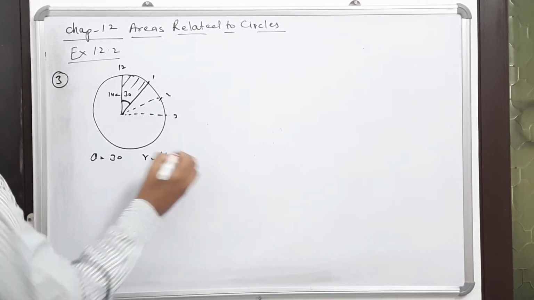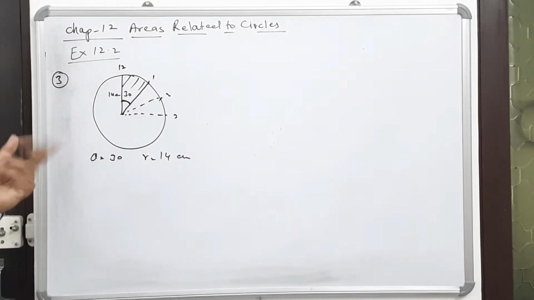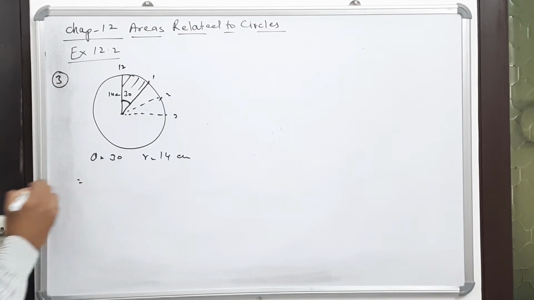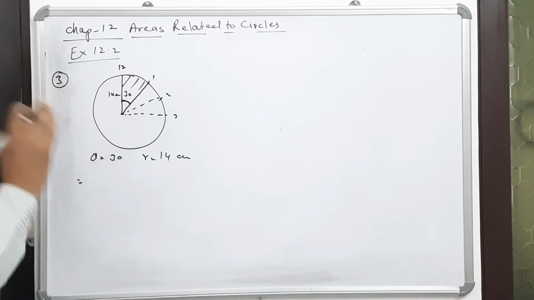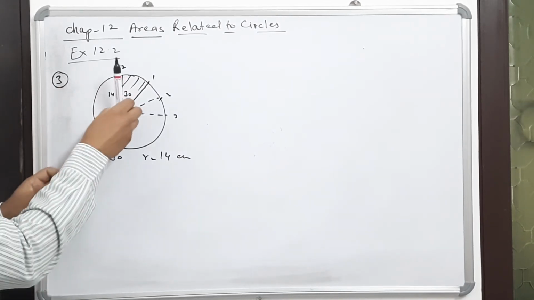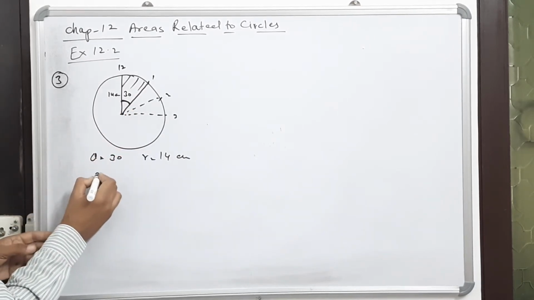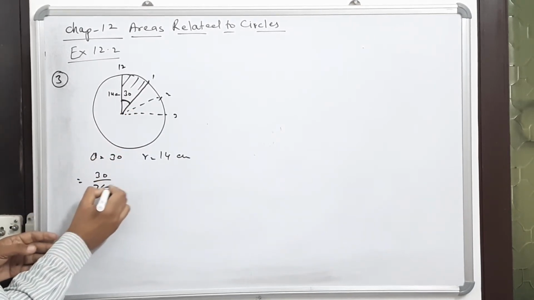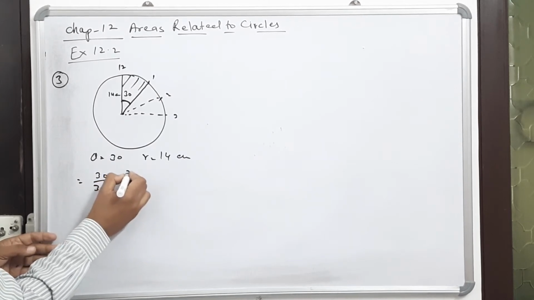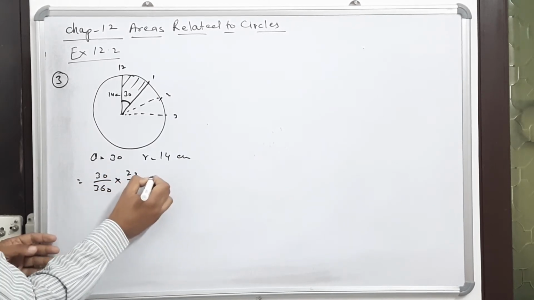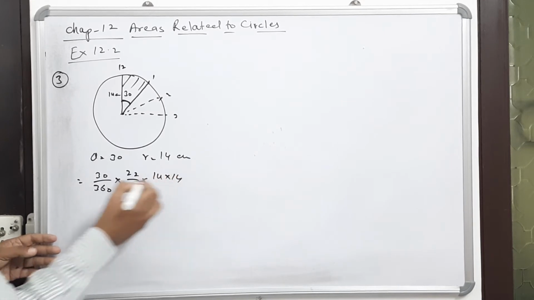And what is the radius? Radius is 14 centimeter. So now we can find the area swept by the minute hand. Swept means from here it is moving like this area. So it will be 30 upon 360 pi r square, and the r square will be 14 into 14.